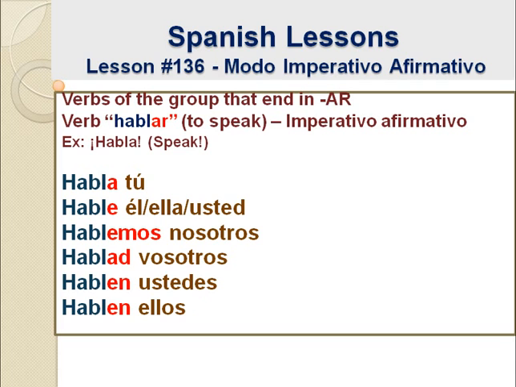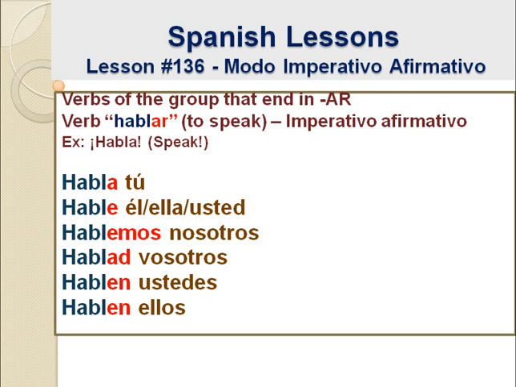Also, take a look at the second case, hable él or ella or usted. Usted means the same as you, as tú, but usted is the formal you. So, while usted is a formal you, it conjugates as he or as she. That's why we have written it in the same line as él or as ella.